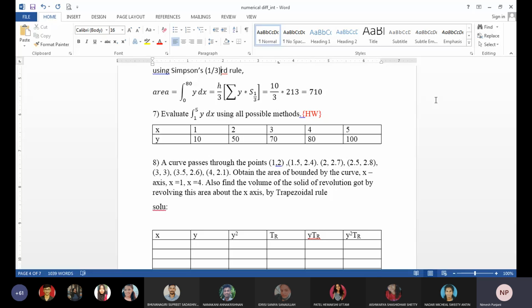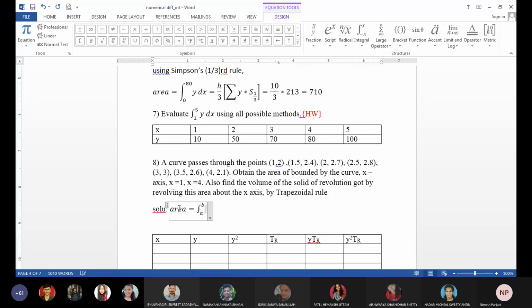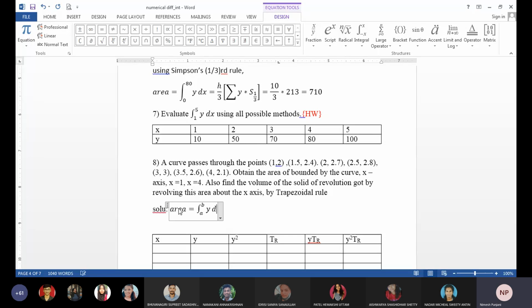वॉल्यूम फाइंड करना है, राइट? एरिया फाइंड करना है एंड वॉल्यूम फाइंड करना है. एरिया का फॉर्मूला क्या है? वॉल्यूम का फॉर्मूला अपने को लिखना है, राइट? तो एरिया इज इंटीग्रेशन A to B y dx और volume का formula is pi times integration a to b y square dx.